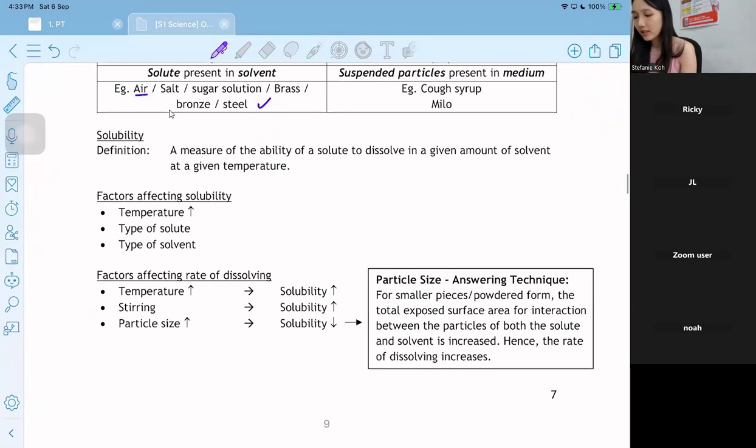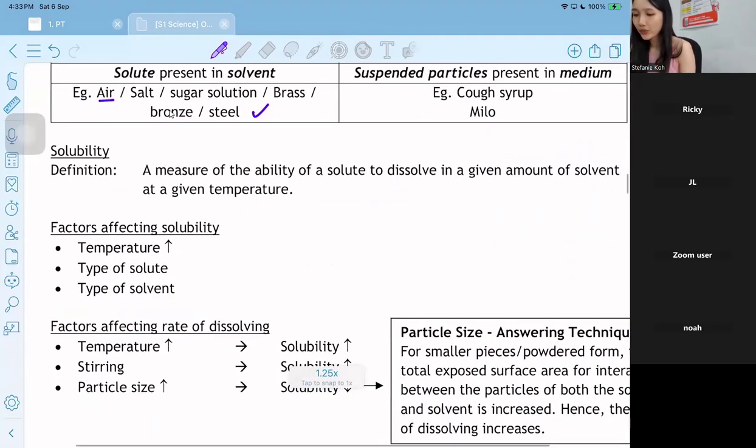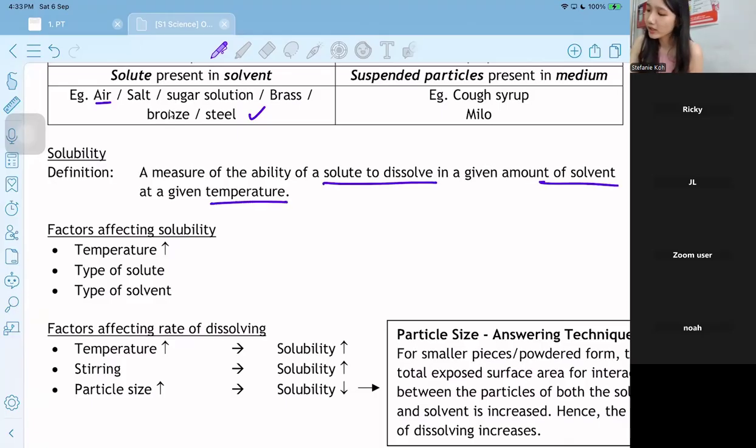All right. Next one is solubility. We're almost done with this second topic. Solubility is how much solute can dissolve in a specific volume of the solvent at a given temperature. So the volume and the temperature matter. These two things will affect the solubility.